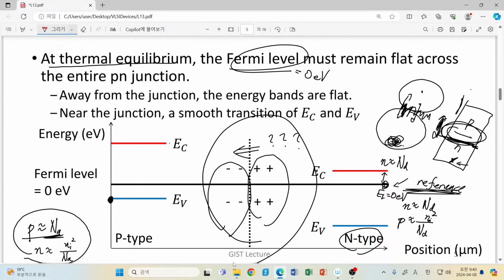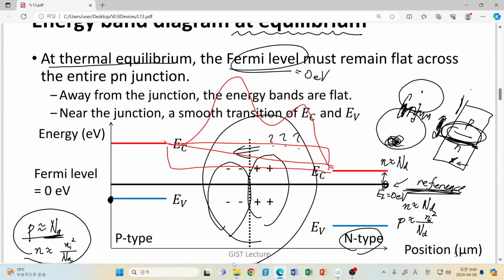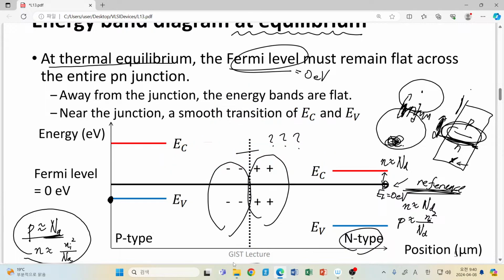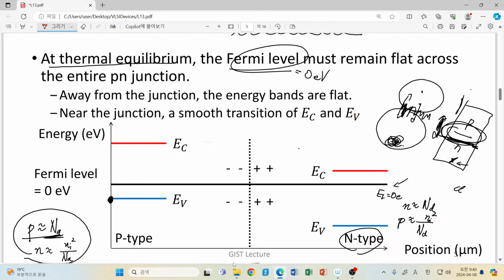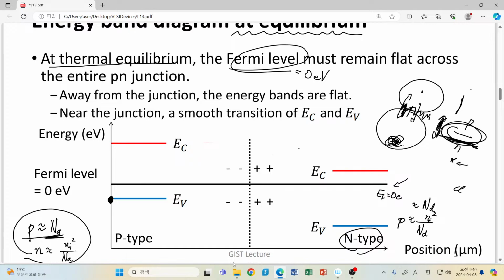For example, is it located in this way, or that way, or that way? Right now, we don't have any idea about their shape. But even though we have no idea about their behavior in between, at least from these approximations or assumptions, we can now understand from the viewpoint of our conduction band electrons located here.